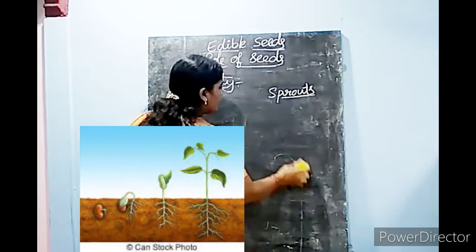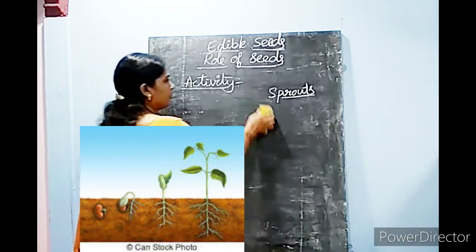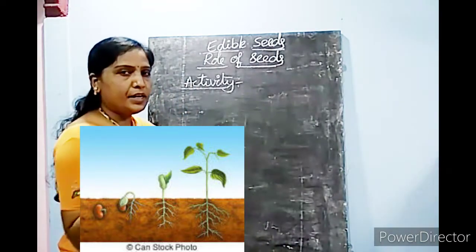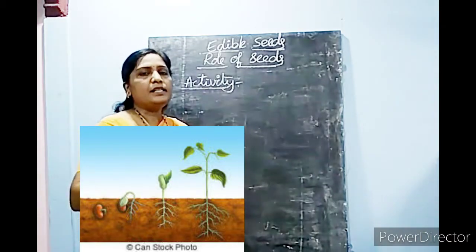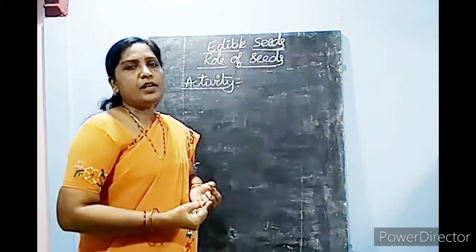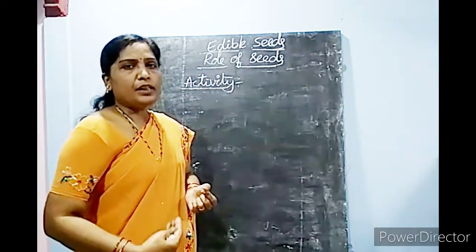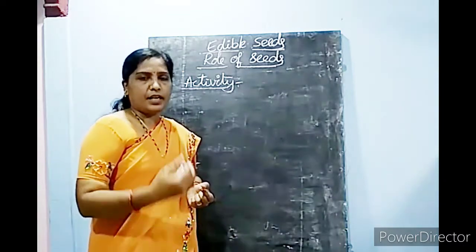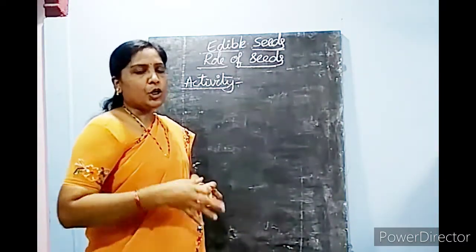So you are going to do two activities in this topic, children. One is collecting the seeds and separating them based on their uses. And the second one is you are allowing the baby plants to grow by sowing any type of seeds on cotton.